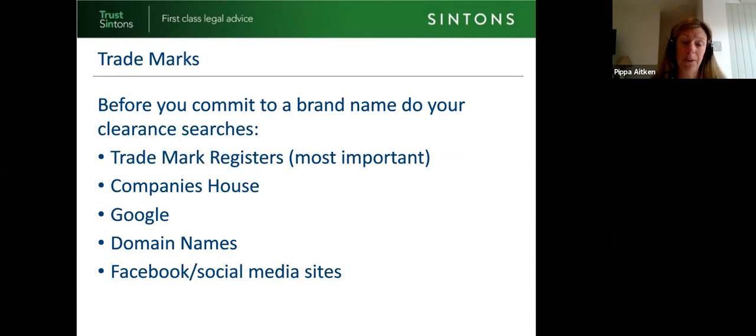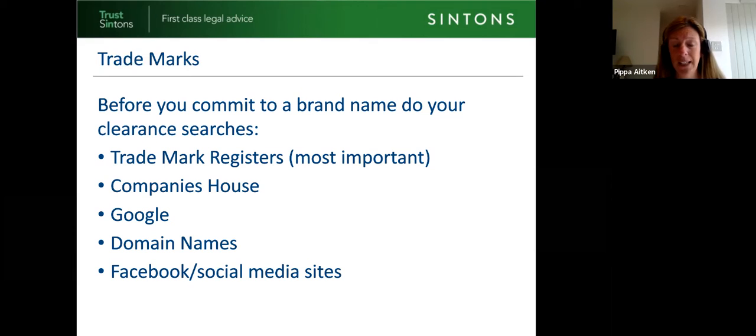The most important thing that I could probably tell you in this presentation with regards to trademarks is to do your clearance searches, particularly if you're thinking of a new brand name for your service or your product or your company name. Make sure no one else is using something similar or identical to you. The most important place to look is on the trademark registers.